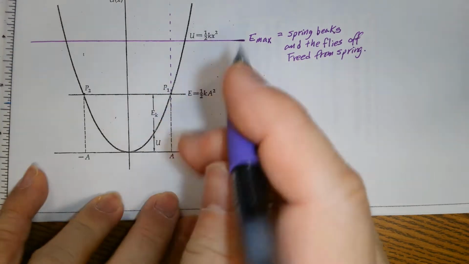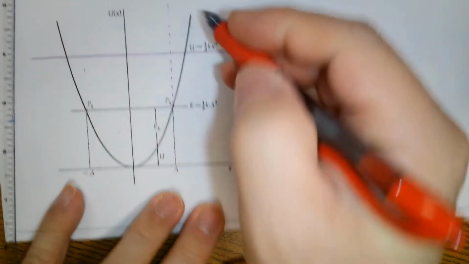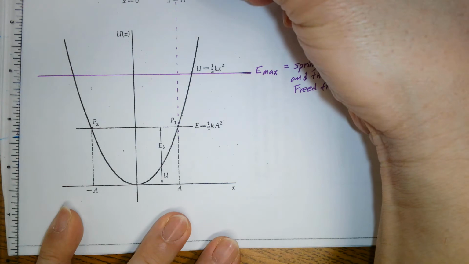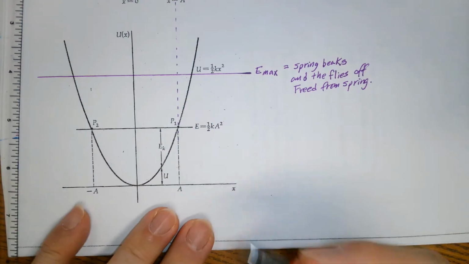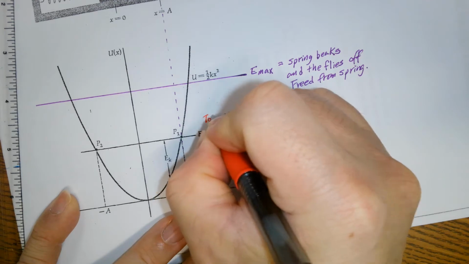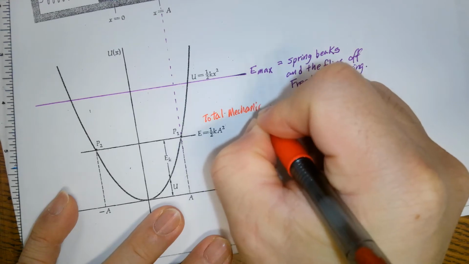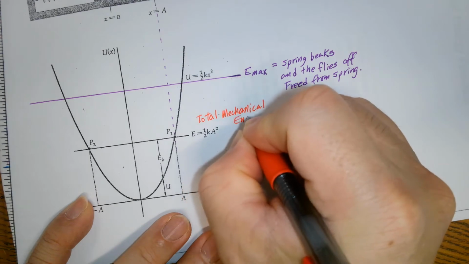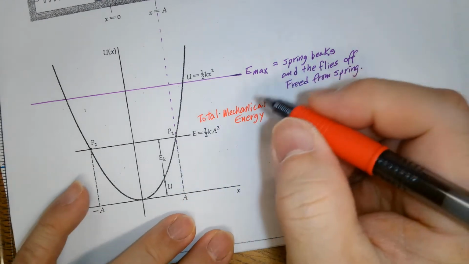Okay, so when we stretch it out to the position A, which is the amplitude, the maximum x position that the system has, this happens to be the total mechanical energy, or otherwise U max.